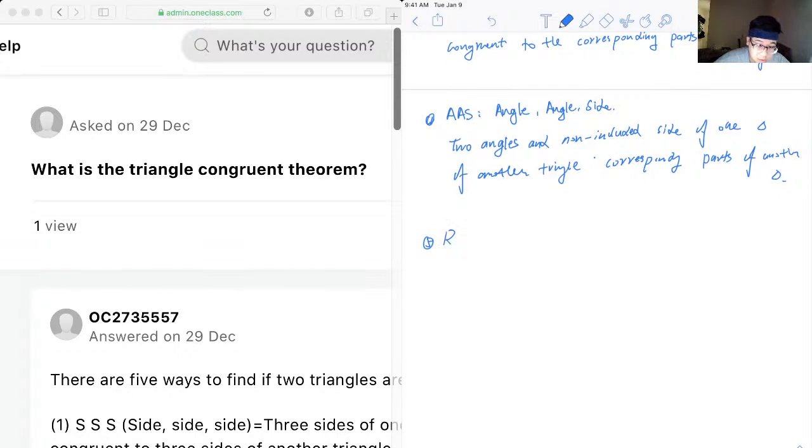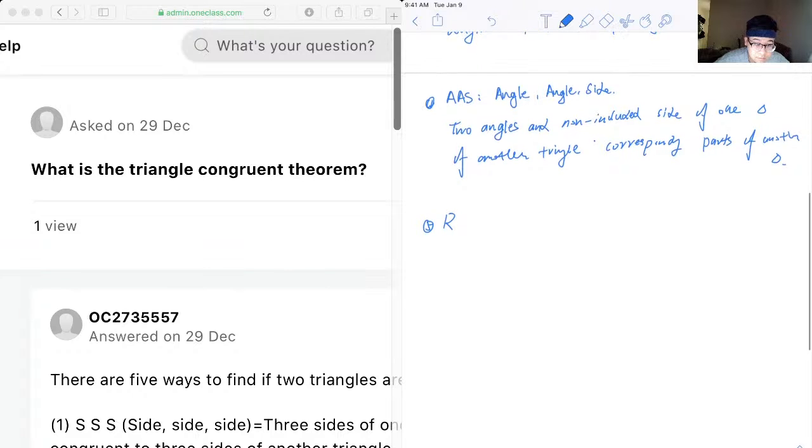And lastly, we have RHS, which is right angle, hypotenuse, and side. Okay.